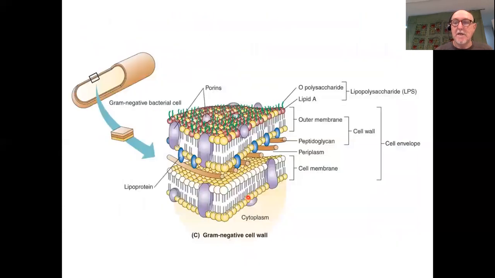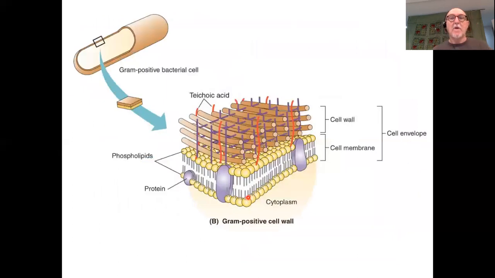Let me just go back here and tell you a couple of things. The gram-positive wall you'll find in rods and in cocci, and you very seldom see a coccus that is not gram-positive, but there are some important exceptions that I'll tell you about in a minute.